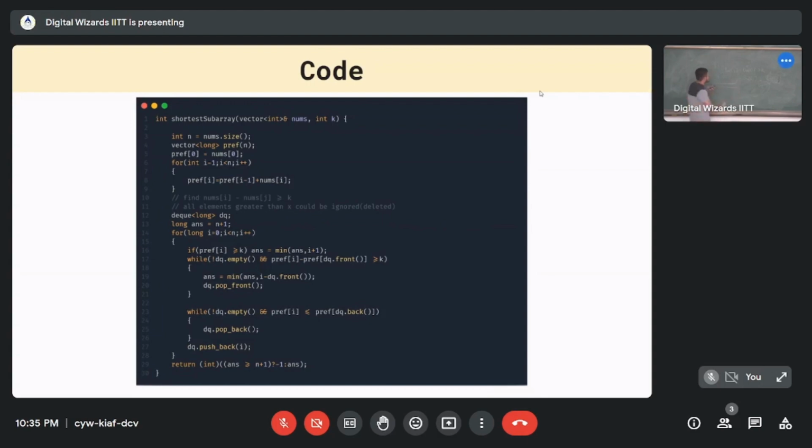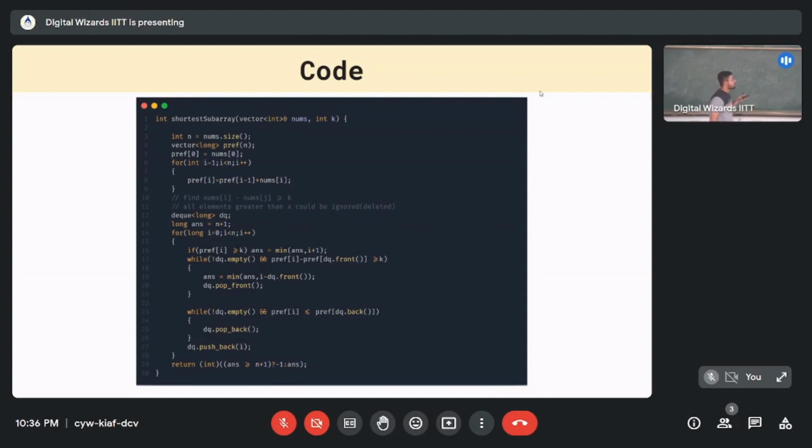So I'm just going to start popping here, until it becomes either less than k, or the queue becomes empty. So this is the minimization step that I'm performing. That is the second last loop, the while loop. Think calmly. This is nothing special. It's exactly the same code that you see.